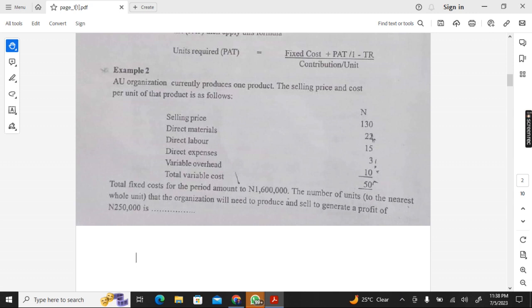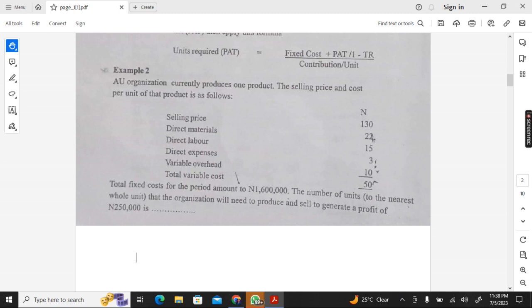This particular one is very simple. The question says we need to calculate: AU organization currently produces one product.